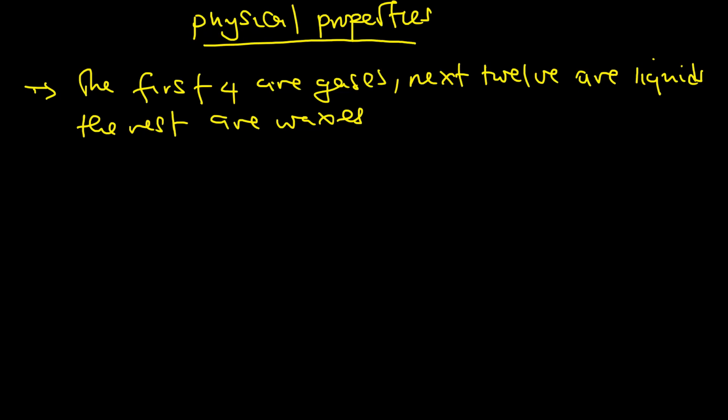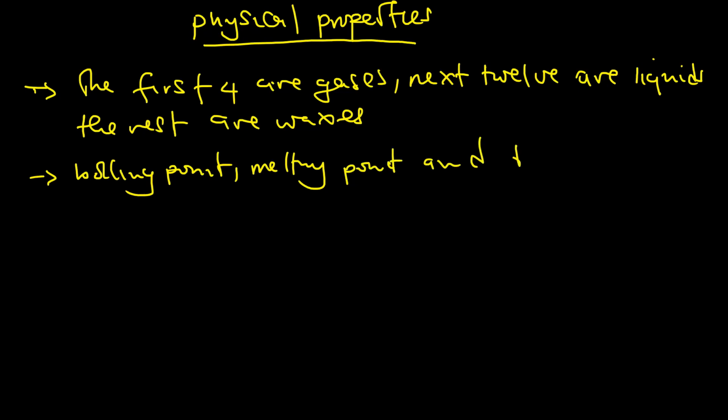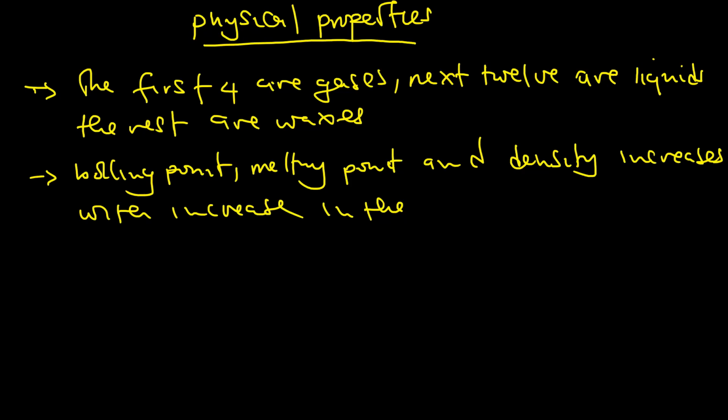Okay. Then, of course, the other physical property is that down the group, or as the number of carbons in the chain increases, their melting point, boiling point, and density increase. So we can say their boiling point, melting point, and density increase with an increase in the number of carbons.